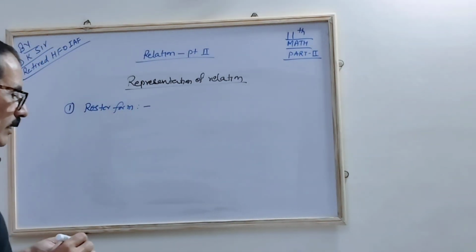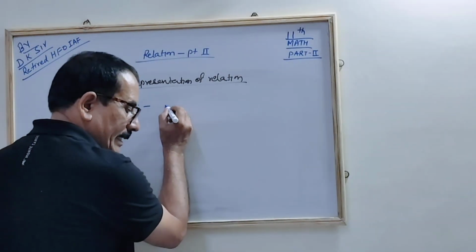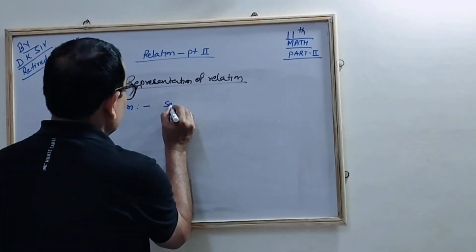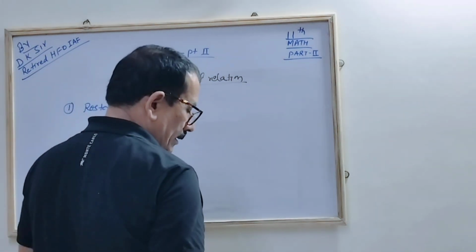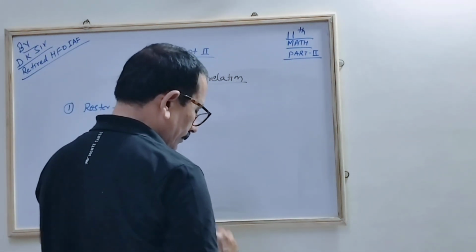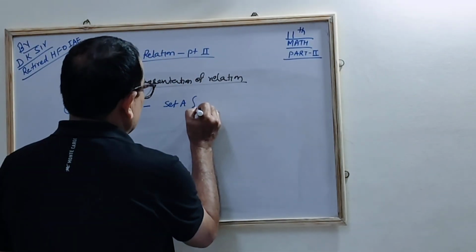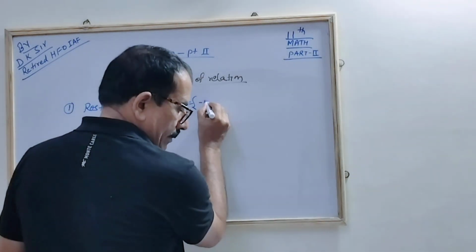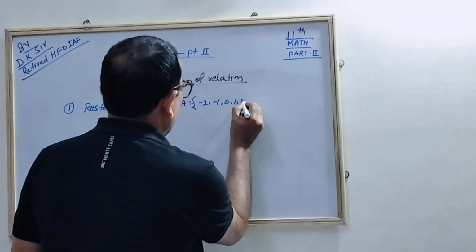In the roster form, suppose we have the set A, correct? In the set A, we have the elements -2, -1, 0, 1 and 2, correct?